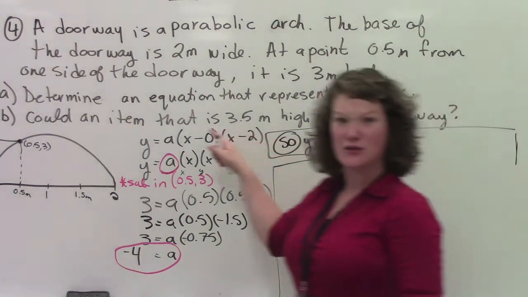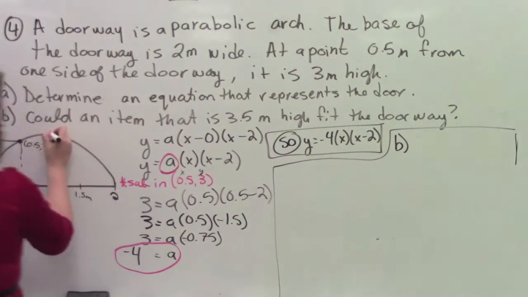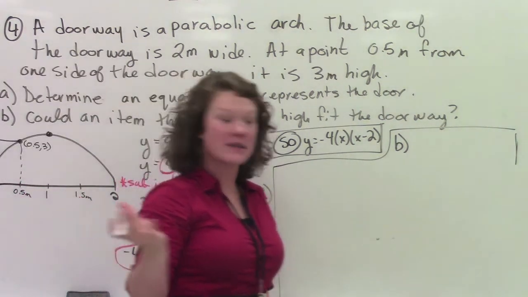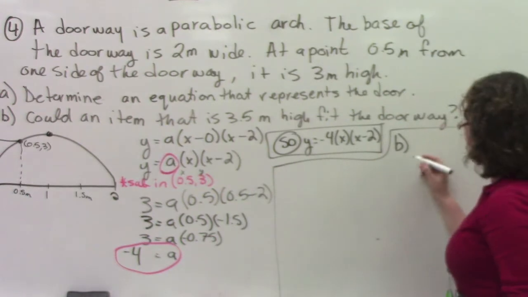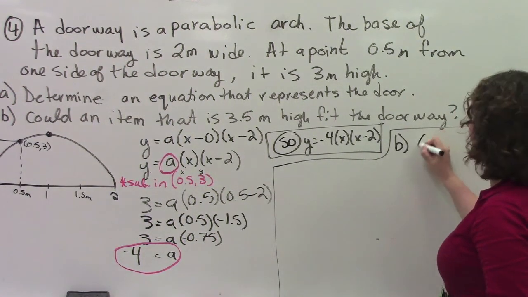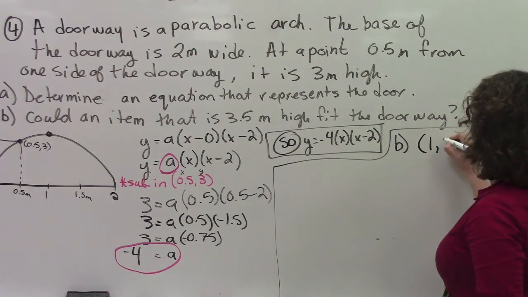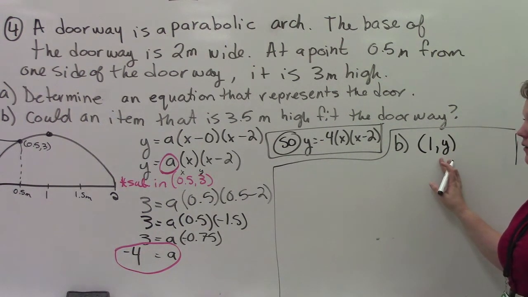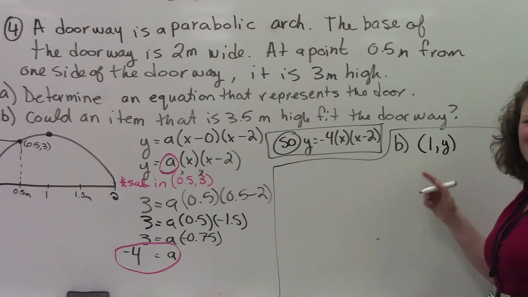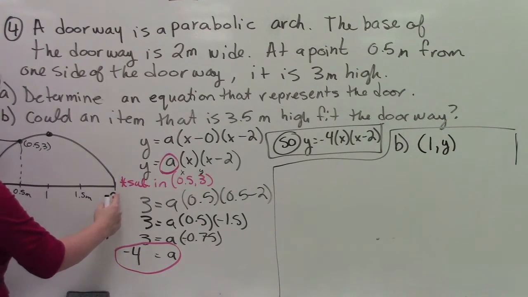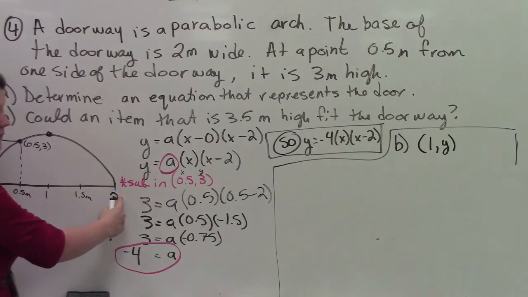So, will it fit here? Well, all we need to do is see what the highest point is, right? What's the highest point on this? Ding, ding, ding, the vertex. And we know that the vertex is at (1, some y), okay? Some y coordinate. How do you know that it's 1? I'll show you. Let's look back here. We said that the vertex was going to be through that middle point x-wise, okay?